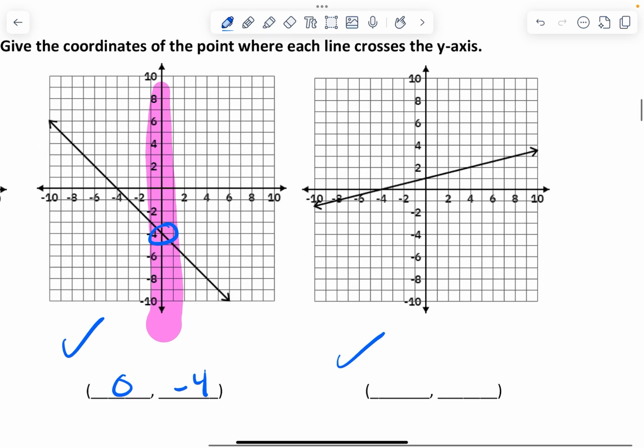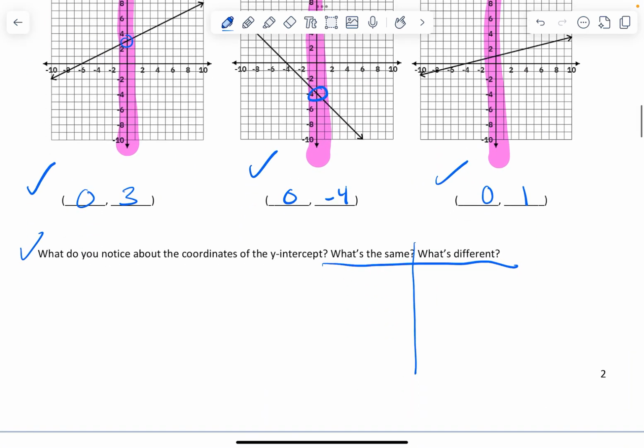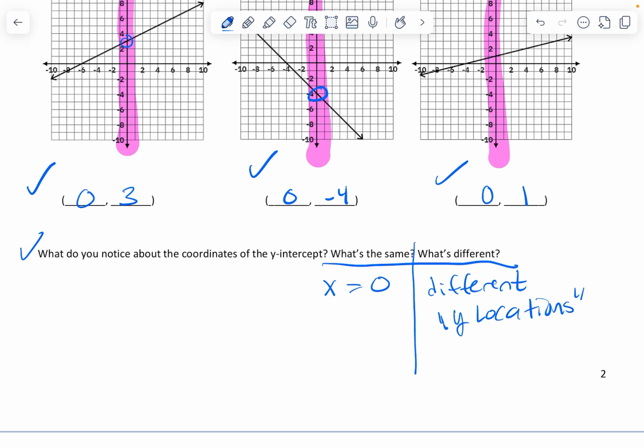And then on this line, this is going to cross the y-axis at +1, so I'm going to put 0, 1. Then it says, what's the same with all these 3? They all have an x-coordinate of 0. What's different about them? They all have different y locations, or where the y is going through it.